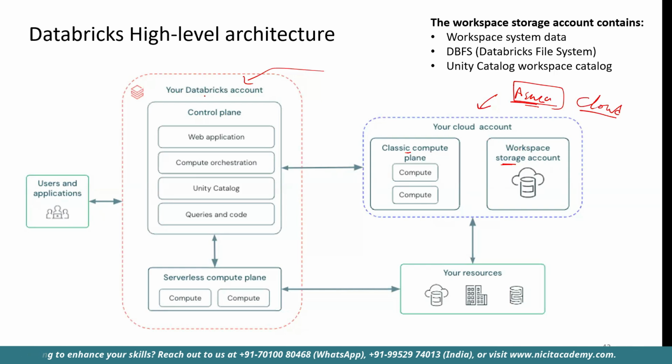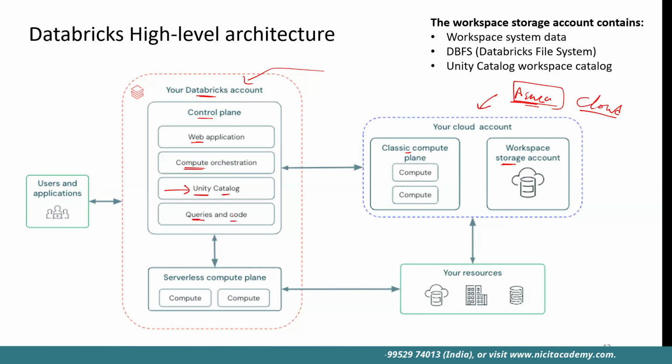And on your Databricks account, you have the control plane, which manages your Databricks web application. It will perform the compute orchestration. It will manage the permissions using the Unity catalog. Unity catalog takes control of your cloud account and manages the permissions for you.